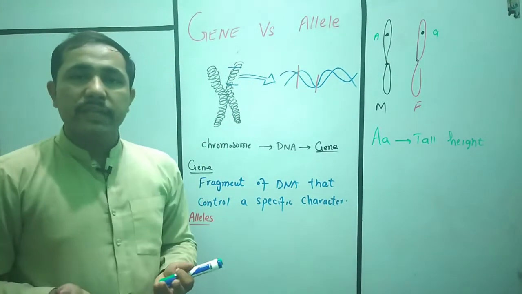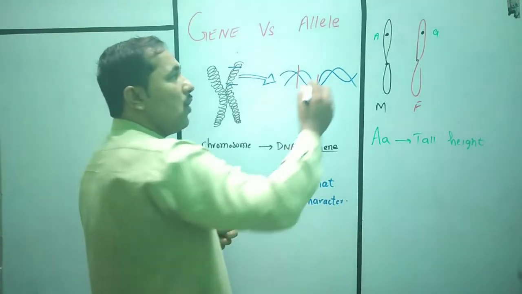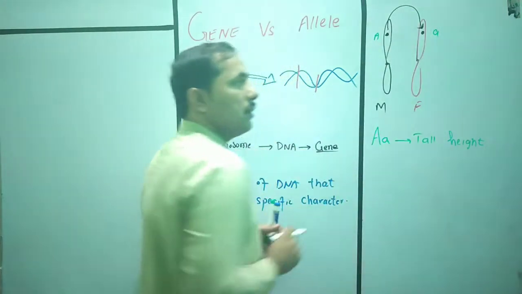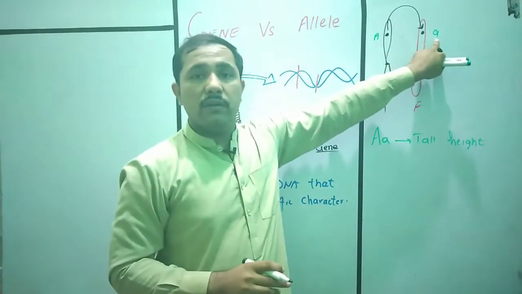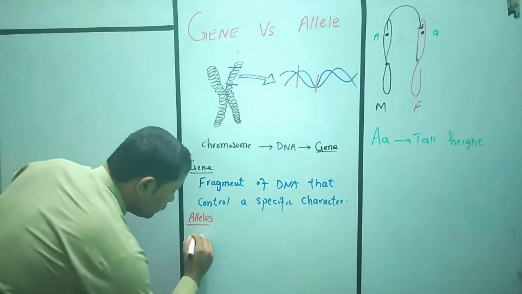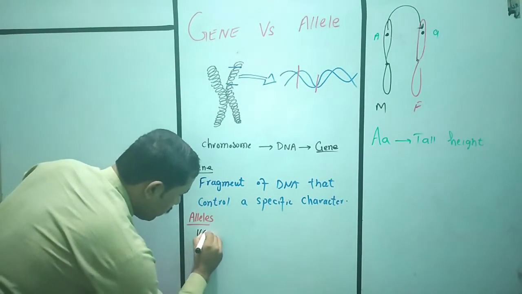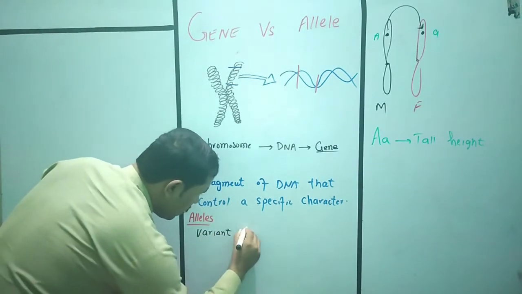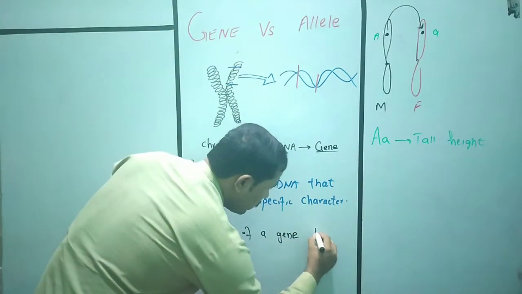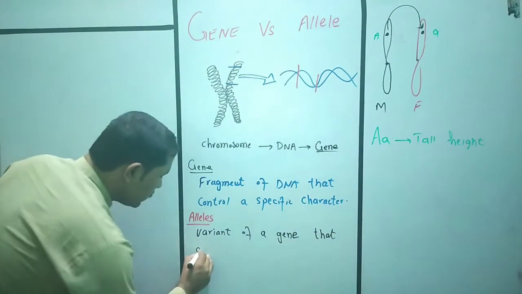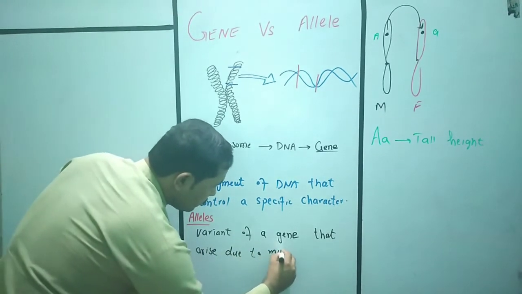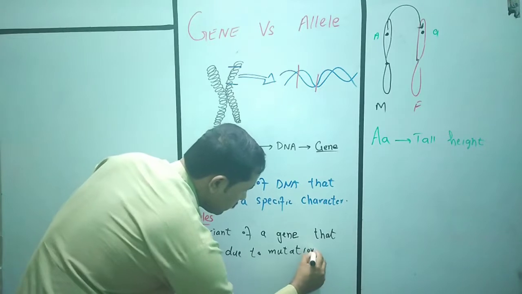Then what are actually alleles? Alleles are alternate forms of a gene. The locus is the same, but the form is different. Let's suppose I am writing: a variant of a gene that arises due to mutation.